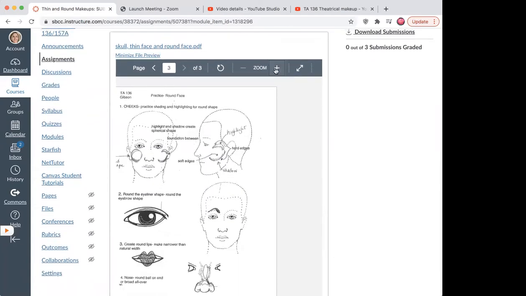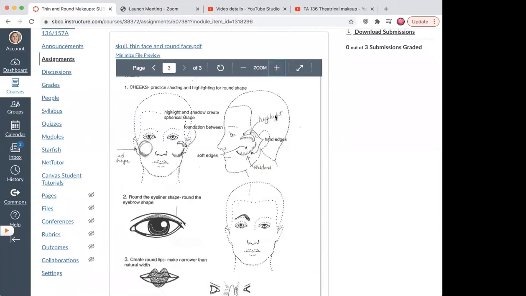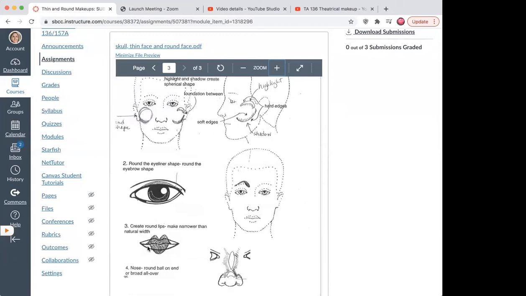I lectured on that, so I just want to remind you. We are creating a round cheek face that will be highlighted. Work with your highlights first so that we get that completely thorough. Work with your highlight on your forehead, your round eyebrows, and the round eyeliner, instead of the angular eyeliner I showed you on my worksheet last time.